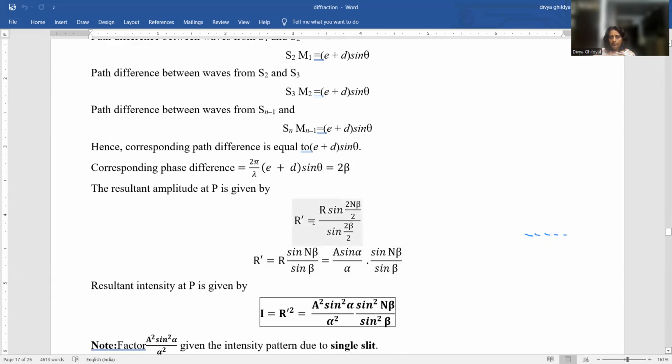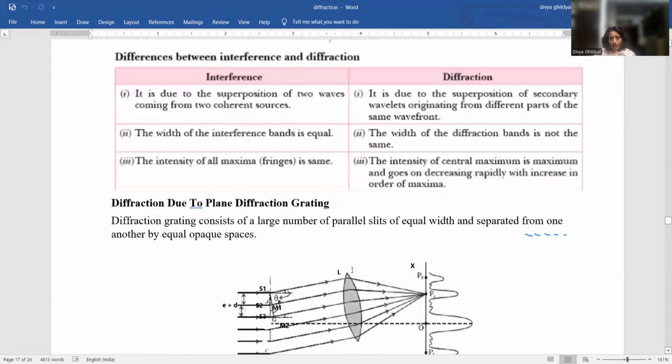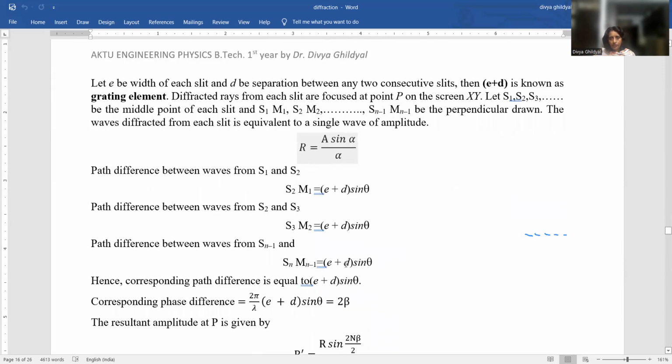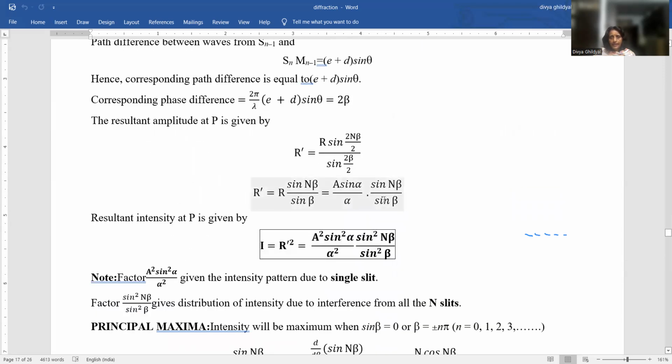The resultant intensity will be given by R' equal to R sine n beta by 2 divided by sine beta by 2. Instead of R, we write A sine alpha by alpha, the single slit resultant, and put it here, giving A sine alpha by alpha times sine n beta by sine beta.